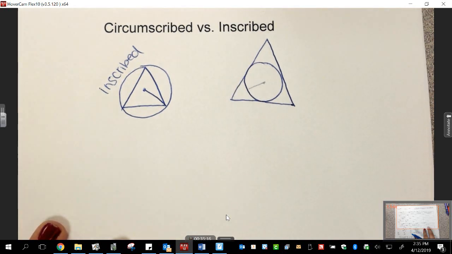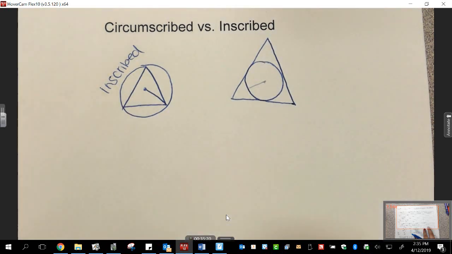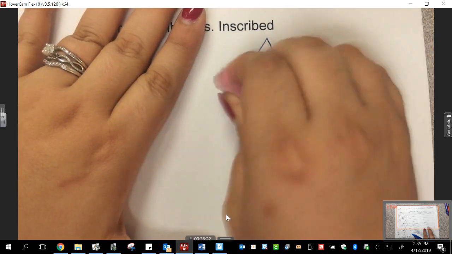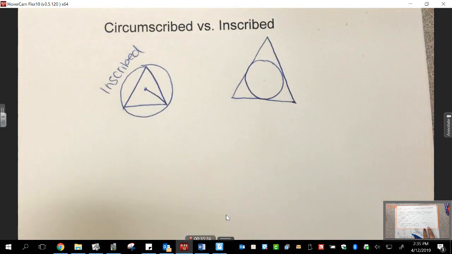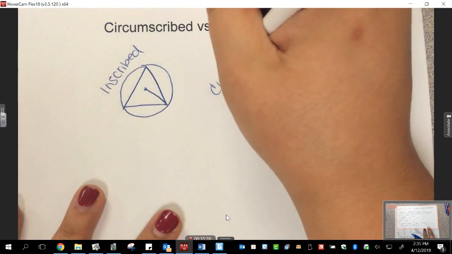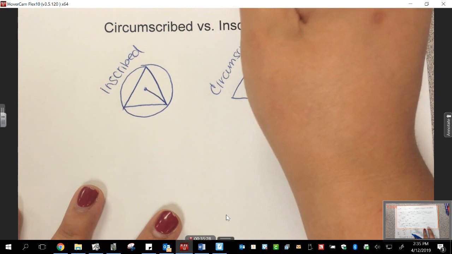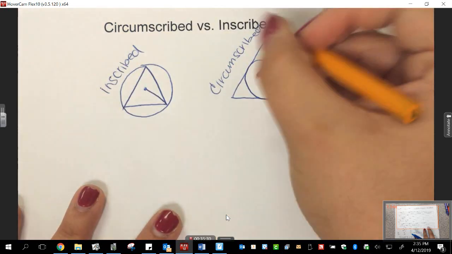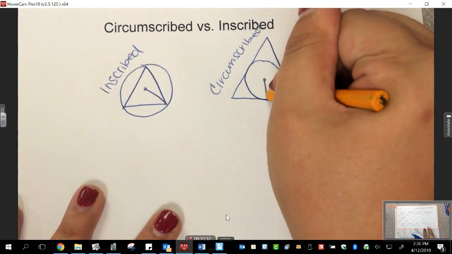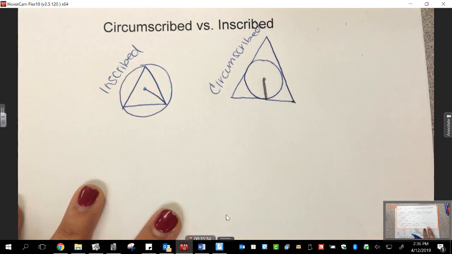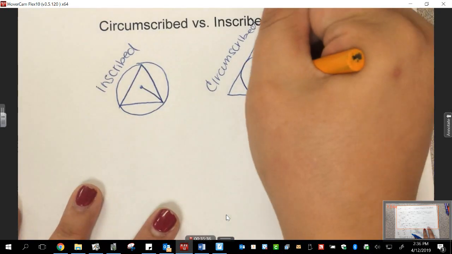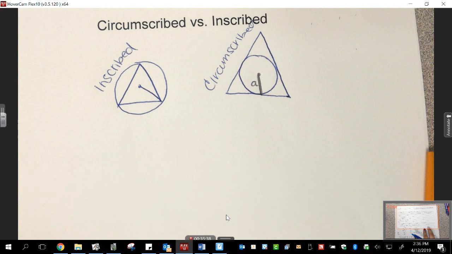Do you see that? So what you need to realize is that if it's circumscribed, then the radius of your circle ends up being the apothem of the polygon. So sometimes you need to pay attention to the wording to know whether it's a radius or an apothem. Does that make sense?